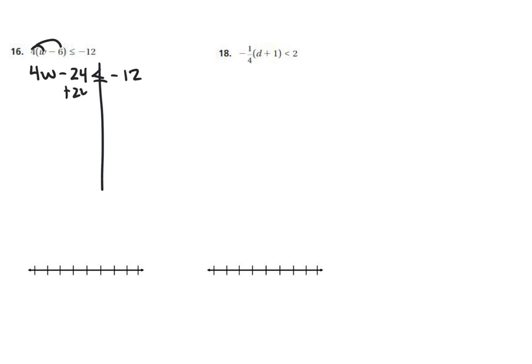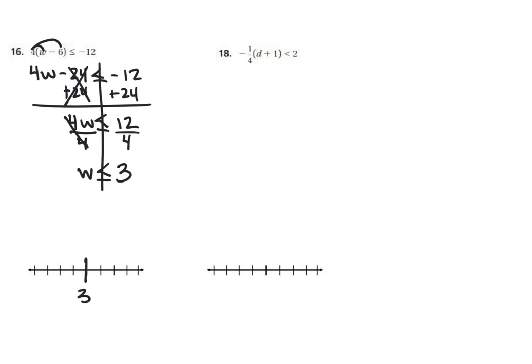We'll add 24 to both sides. -24 and plus 24, those are zero pairs or opposites, so we're just left with 4w is less than or equal to 12. We'll divide both sides by 4. 4 over 4 cancels. W is less than or equal to 3. A filled in circle because it's less than or equal to, and an arrow pointing to the left.